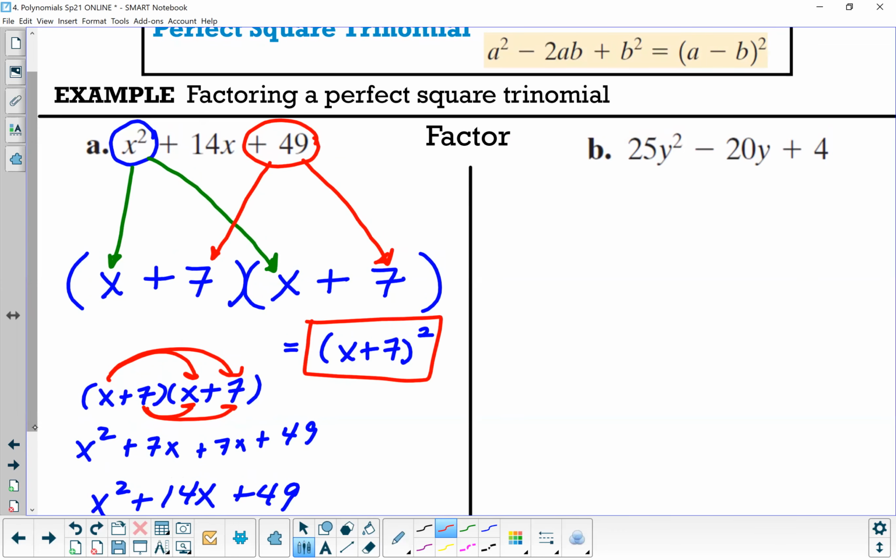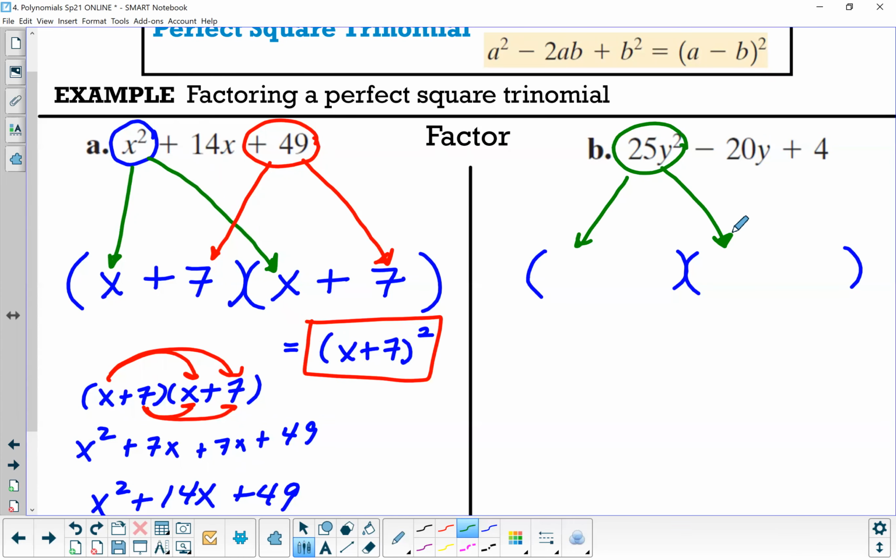All right, let's take a look at B. We have 25y squared minus 20y plus 4. This is a perfect square trinomial. So if I guess and check this, I can see here, okay, the 25y squared tells me what to put here, right? I'm going to put the same thing, 5y and 5y. Now the minus 20y and the plus 4 tells me to do two minus signs.